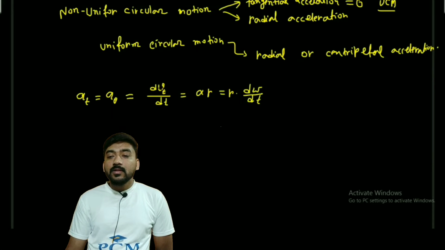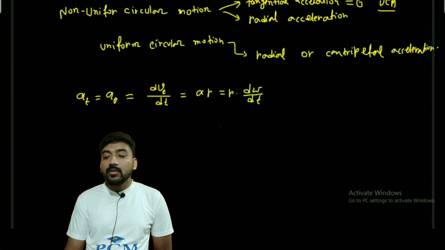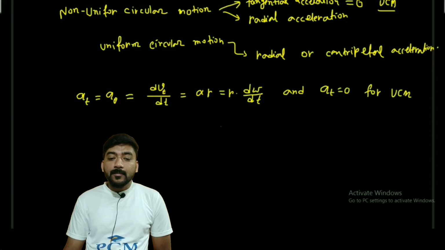For uniform circular motion, omega is constant, so d omega/dt is 0, and a_t is equal to 0 for UCM.